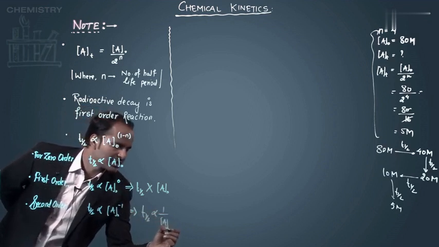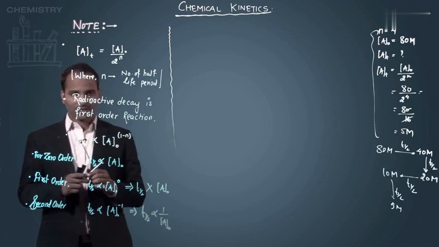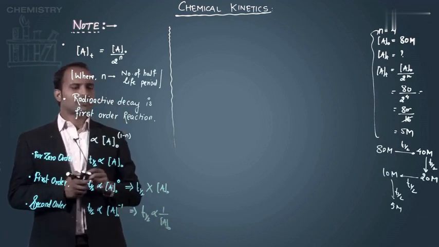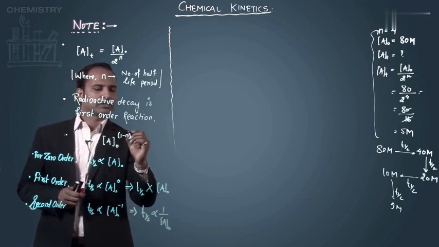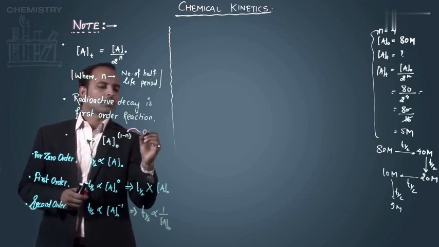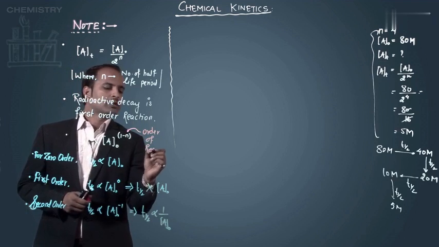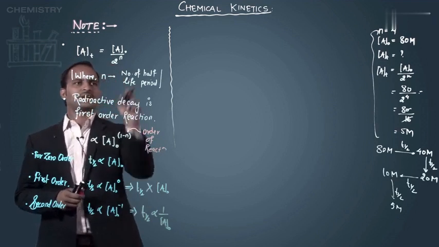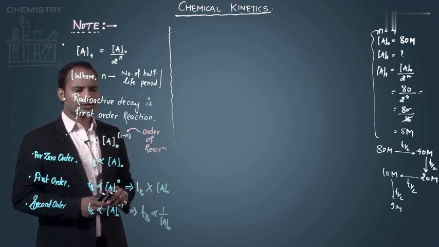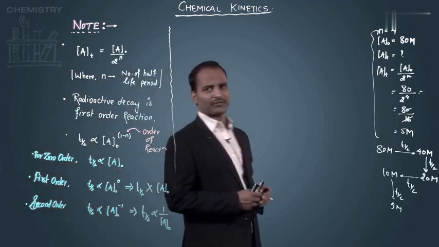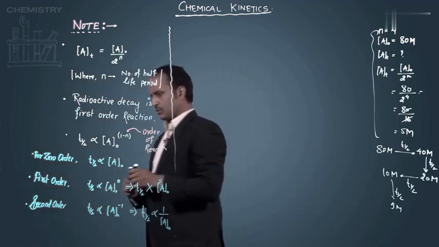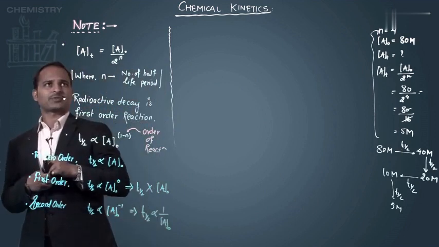That means inversely proportional to initial concentration. Now in the earlier formula, n stands for the number of half-life periods, while here n stands for order of reaction. In that chapter only, that formula has n standing for the number of half-life periods. So the next point.